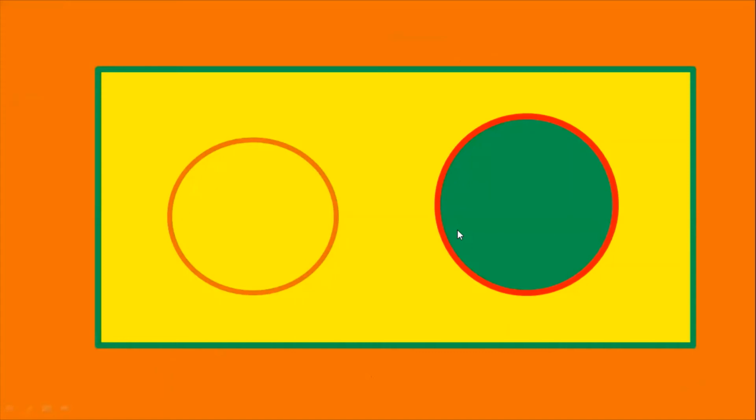This time I have represented it in this way: this yellow color is U, and this set is B, marked in this way.